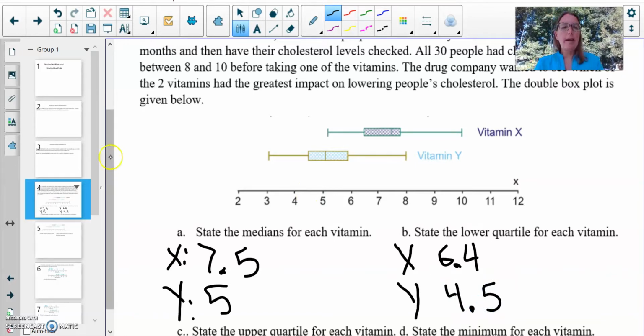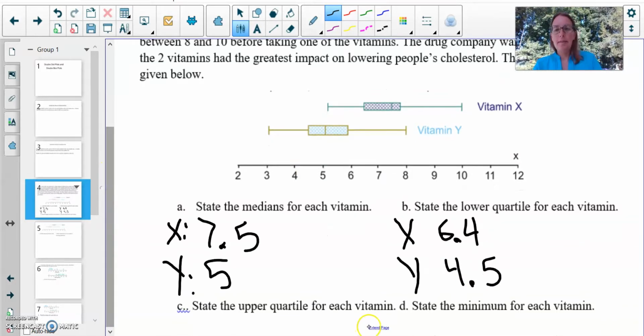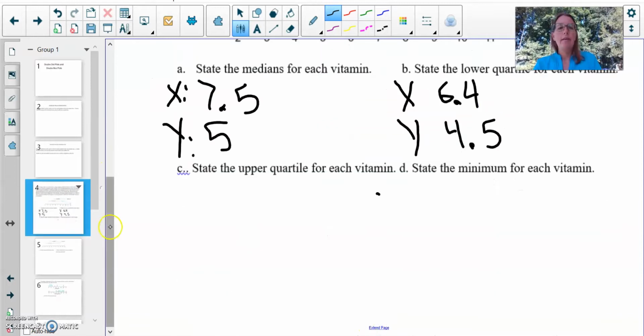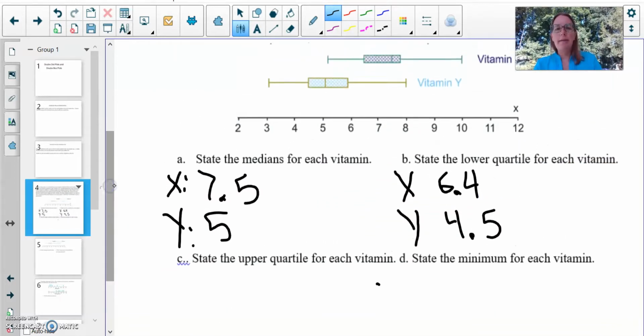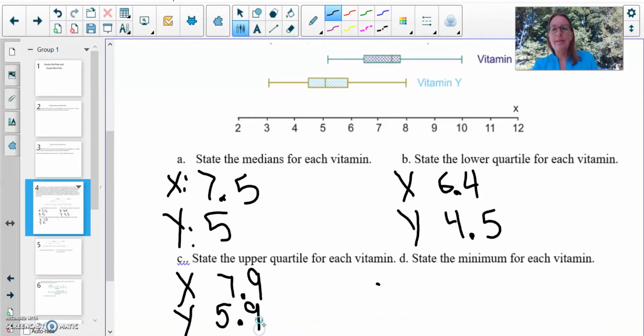State the upper quartile for each vitamin. Okay, so the upper quartile for vitamin X, the right edge of the box, looks like about 7 9/10. For vitamin Y, the upper quartile looks like about 5 9/10. State the minimum for each vitamin.